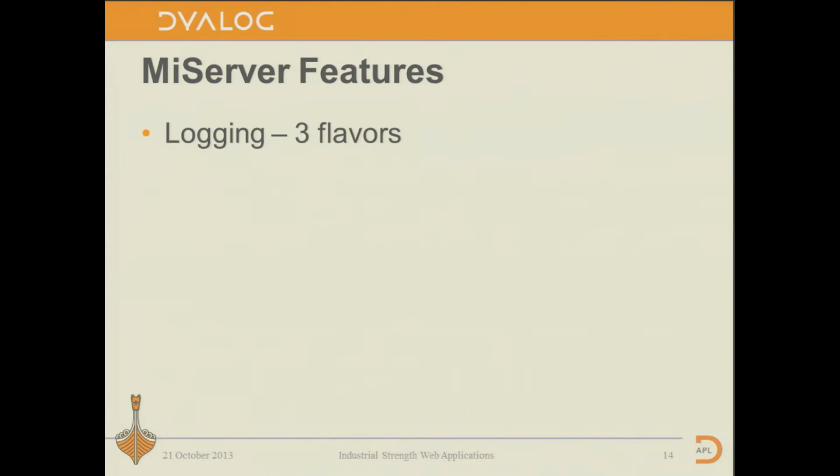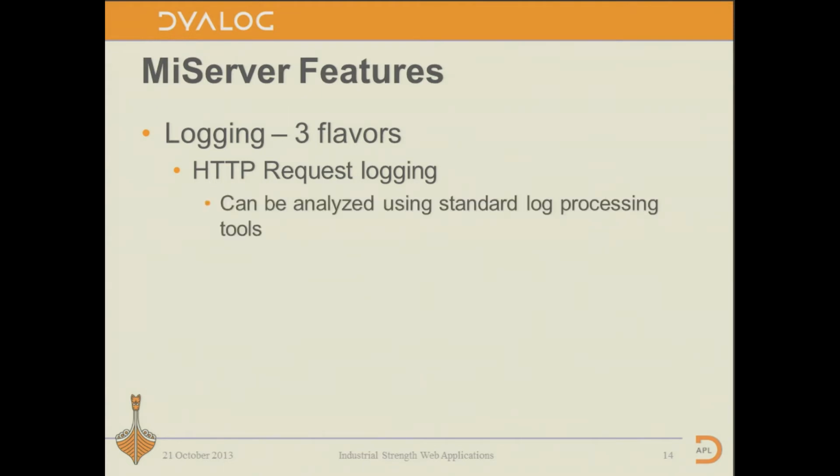Logging. We have three different flavors of logging in MiServer. There's HTTP request logging. Every time a request for a resource comes in, we can turn on logging and make a record of it. It will record the IP address of the requester, the resource that was requested, and some other statistics. The logs produced by this can be processed by any standard log processing tool.